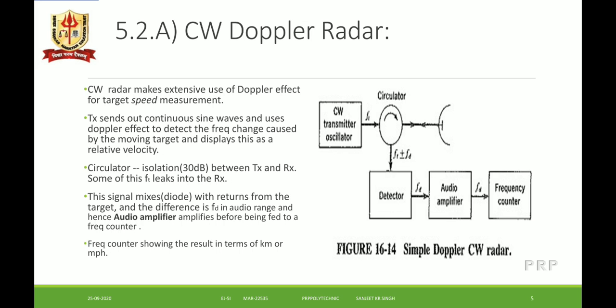Since the circulator is providing an isolation of 30 dB, it is not a complete isolation between the transmitter circuit and the receiver circuit.